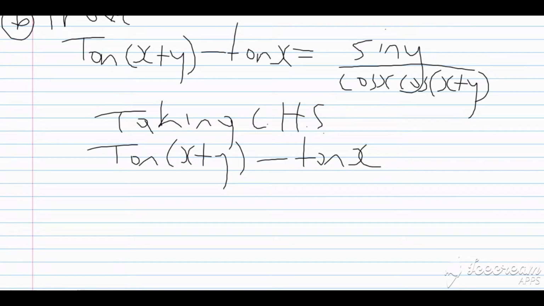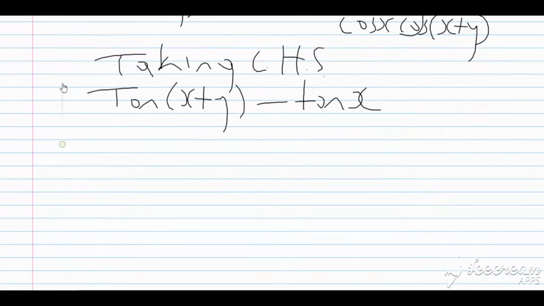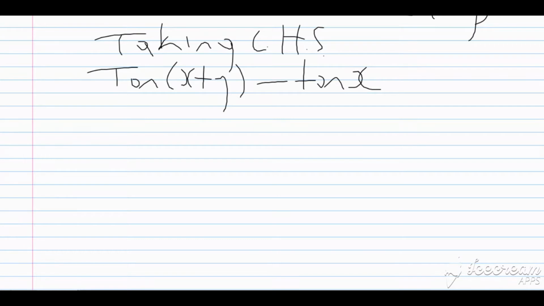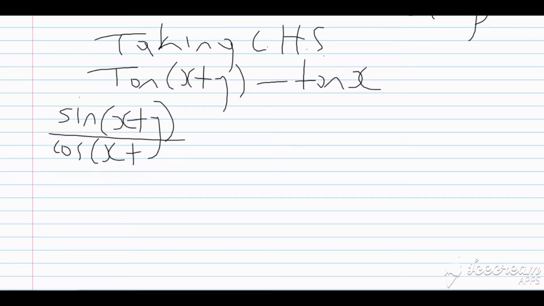Now, if I look on the right-hand side, I notice it says sine and cos. So ultimately, that tells me that I need to change this out. Now, we know what happens with the tangent. We can change that out to the sine of x plus y over the cosine of x plus y.